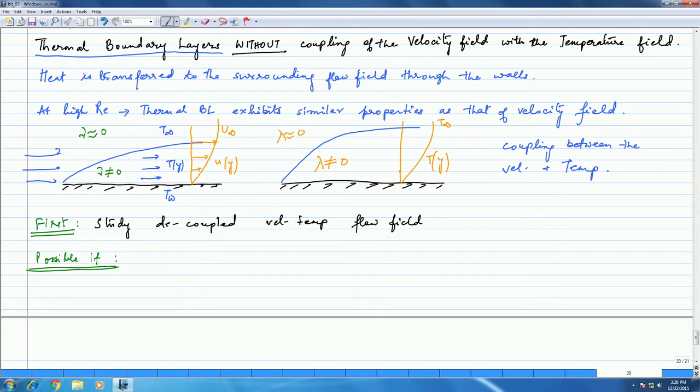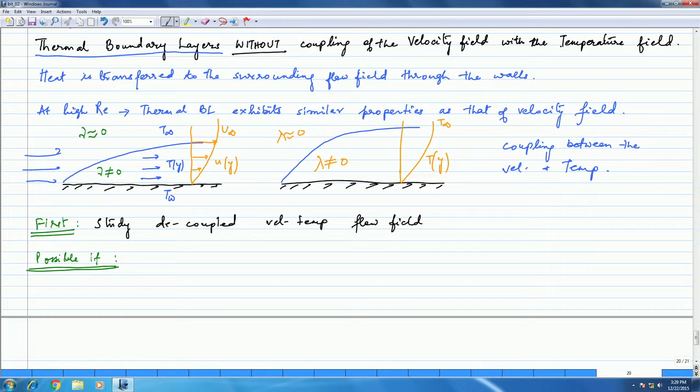The question would be, even by intuition, you can think that I have a velocity, and why would that be affected by the temperature? Now, you see, the coefficient of viscosity, the mu here, is itself a function of temperature and pressure. So, if there is a temperature difference, even that's going to change. And if the value of mu changes with respect to temperature, then automatically your velocity profile is also going to change.